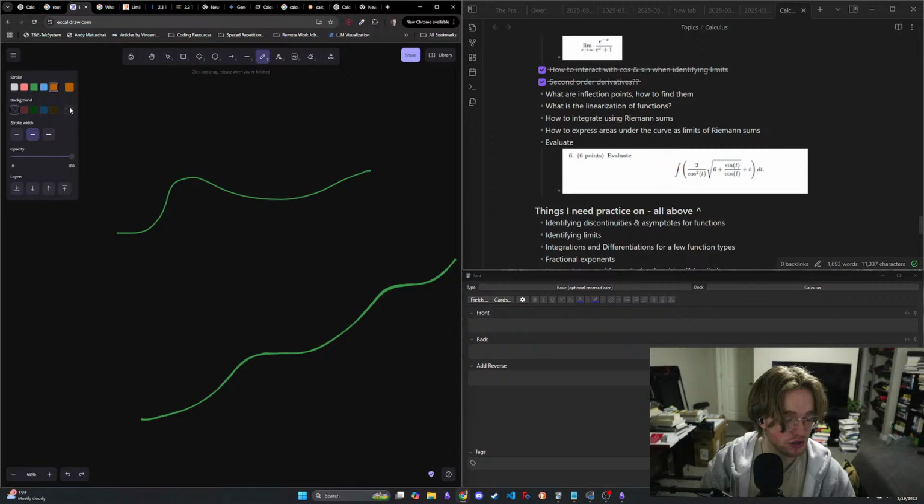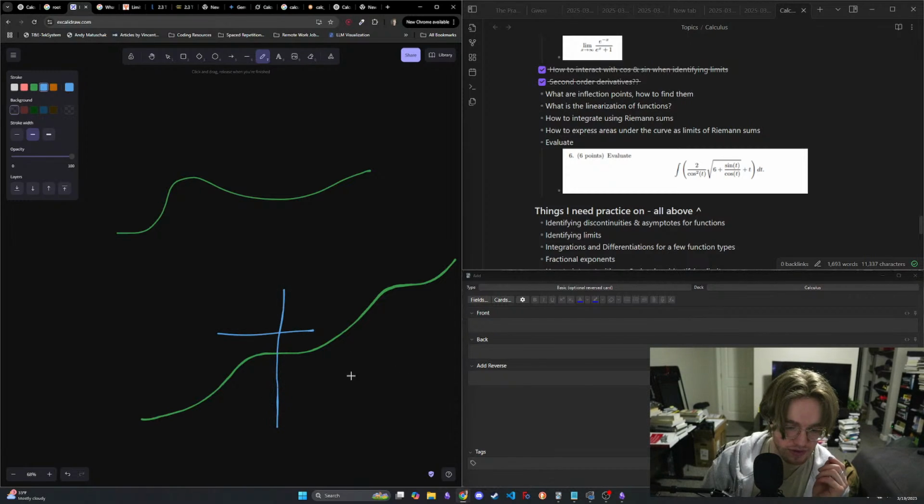The issue with this function is that my slope is never 0. Even when I go like this, I'm still... Actually, you could call this point 0 here and this point 0 here, right?